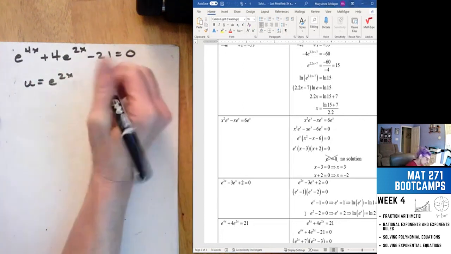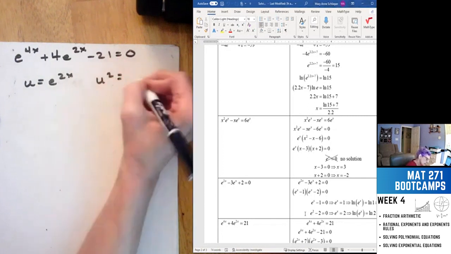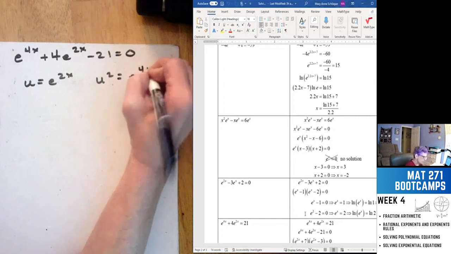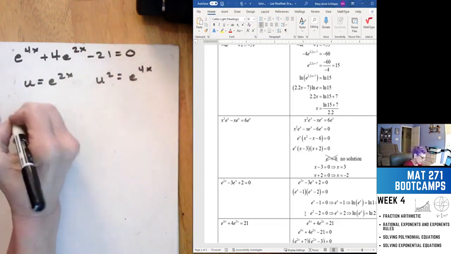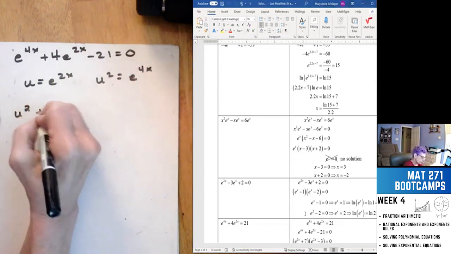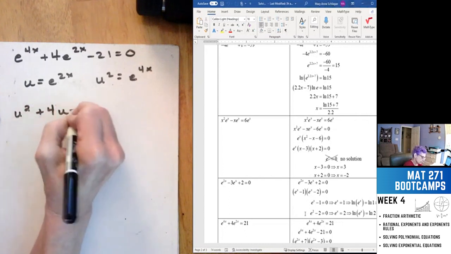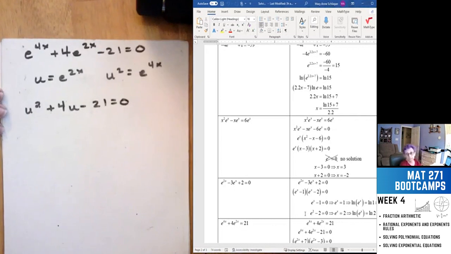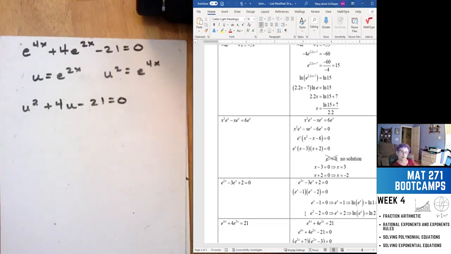Then u squared is e to the 2 times 2x, 4x. So I have u squared plus 4u minus 21 is 0. Now, if you're really comfortable with it, you don't have to go through the steps of sticking those u's in there.